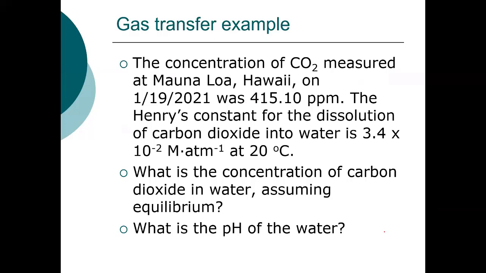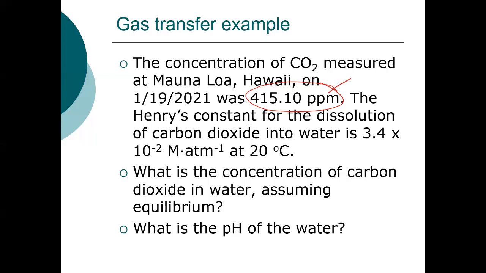So let's look at a problem where we have to use this information. So we have here the concentration of CO2, and this was measured a week or so ago at Mauna Loa in Hawaii, which is where we do much of the measurements of CO2 because it's out in the middle of the Pacific. And it was measured to be 415.1 parts per million.